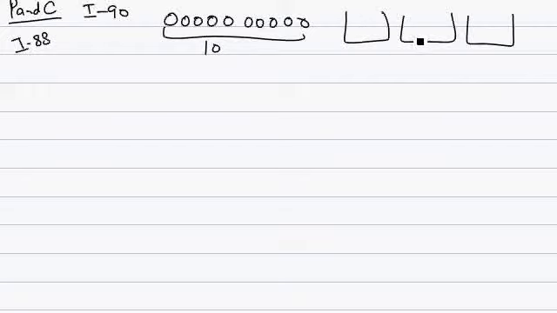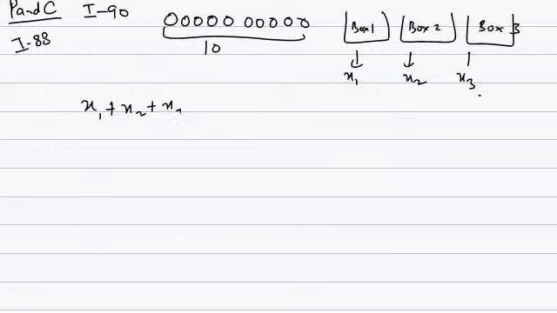such that no box should contain more than 4 balls and less than 2 balls. So the constraint is that every box should get at least 2 balls but not more than 4, right. So let x1 be the number of balls placed in box 1, x2 in box 2, x3 in box 3. So total number of balls placed in 3 boxes is x1 plus x2 plus x3, and that should be equal to 10.